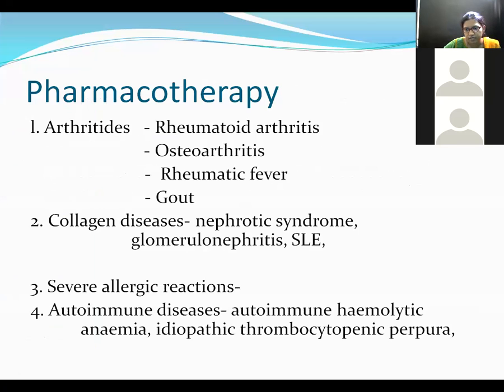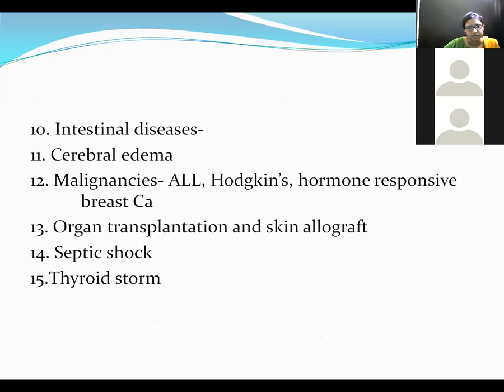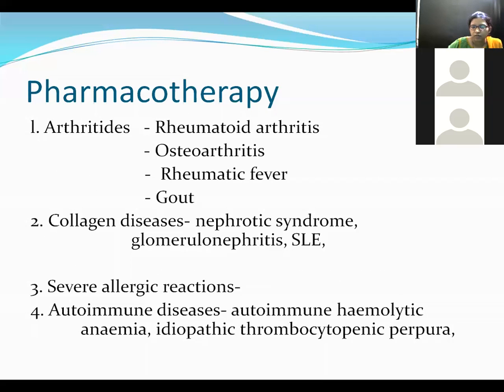You can get a long answer question on glucocorticoids, in which uses and adverse effects are very important. The pharmacotherapy includes arthritis, collagen diseases, severe allergic reactions, autoimmune diseases, bronchial asthma, other lung diseases, infective diseases, eye diseases, skin diseases, intestinal diseases, cerebral edema, malignancies, organ transplantation and graft, septic shock, thyroid storm. So 15 uses of glucocorticoids. Let's learn one by one.